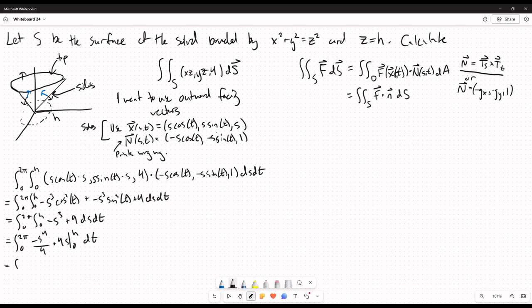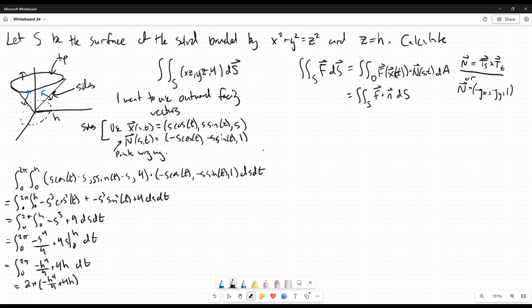So that's going to be the integral from 0 to 2 pi of negative h to the 4th over 4 plus 4h dt. That's all a constant with respect to t, so I can just multiply that by 2 pi to get my final answer. So I'll have 2 pi times negative h to the 4 over 4 plus 4h.